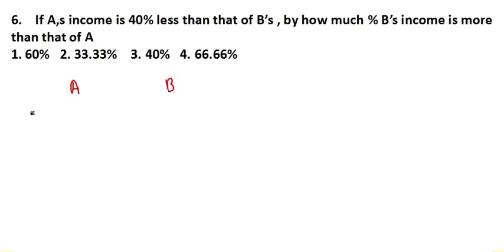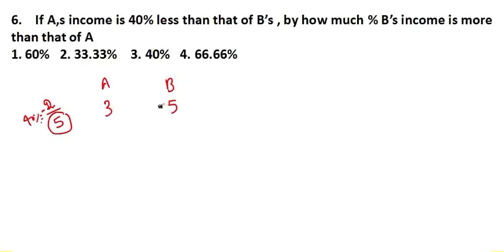What is the fractional value of 40%? 40% is 2 by 5, and here it is less, meaning minus sign. A is 40% less than B, so this is B. B is 5 and A is 40% less, meaning 5 minus 2, which is 3.